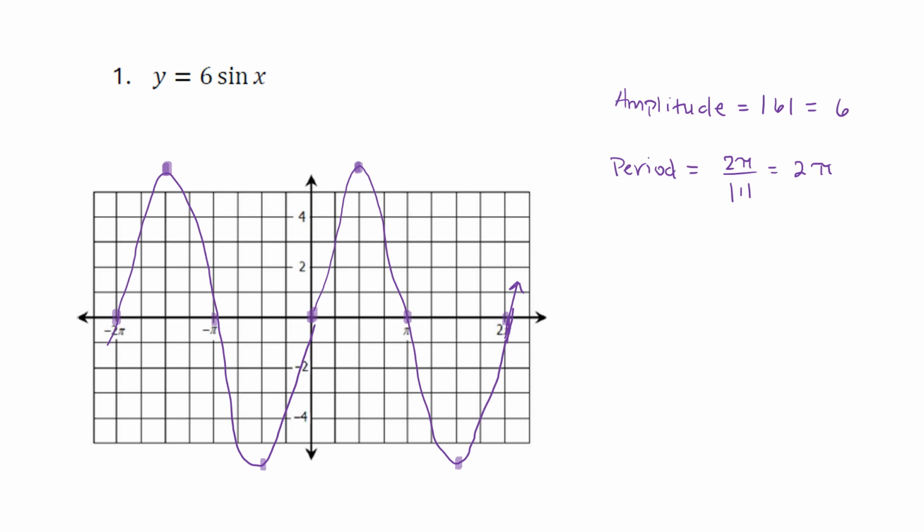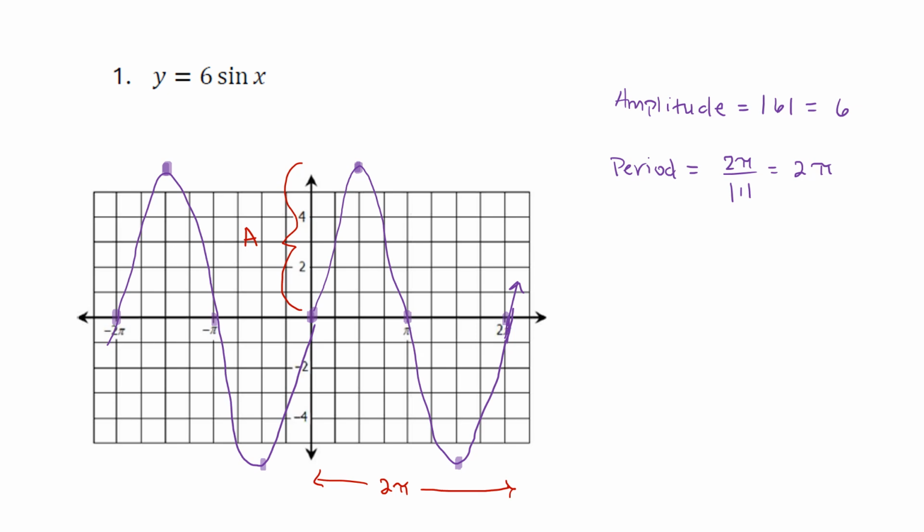All right, so we know that this is our period, 2 pi, and our amplitude is 6, which is half the distance between the maximum and the minimum.